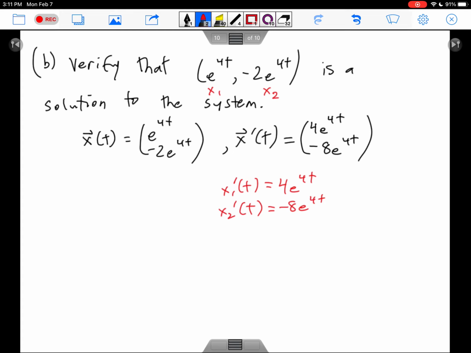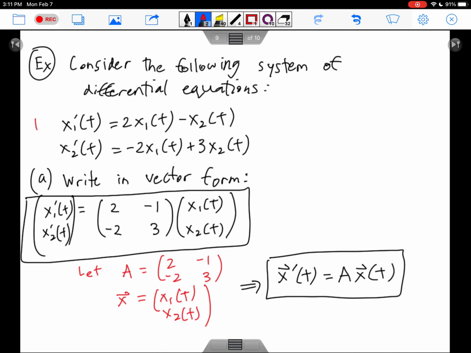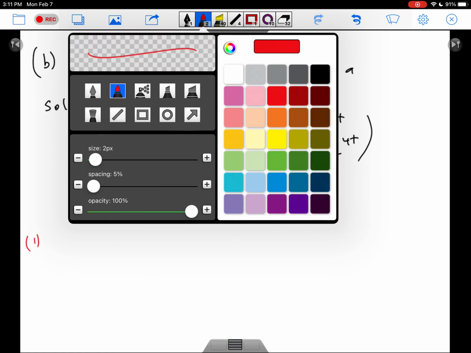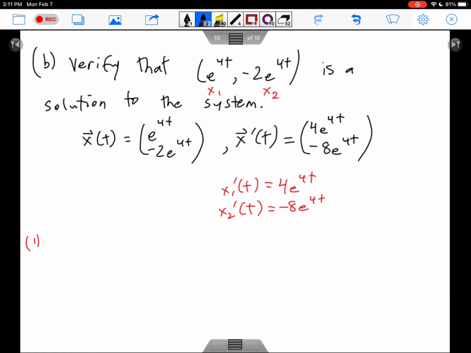So let's go ahead and try both equations. We're going to start with equation 1. So equation 1, remember, is this guy, and equation 2 is this guy. We want to do x1 prime of t. We want to write that on the left of the equal sign. That's going to be 4e to the 4t on the left of the equal sign is equal to 2.